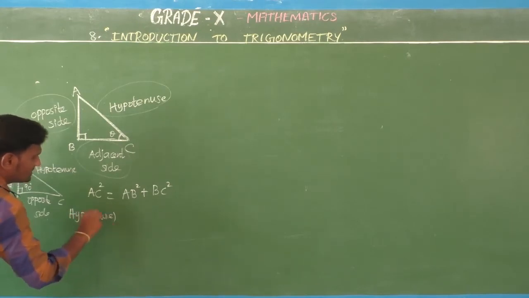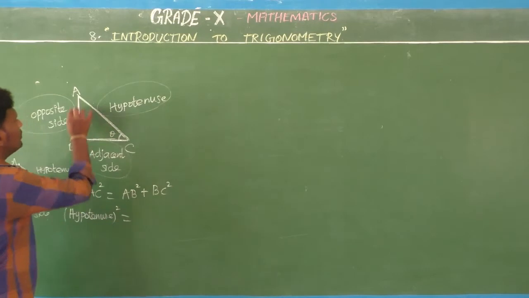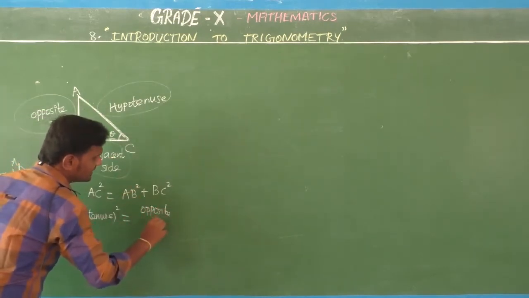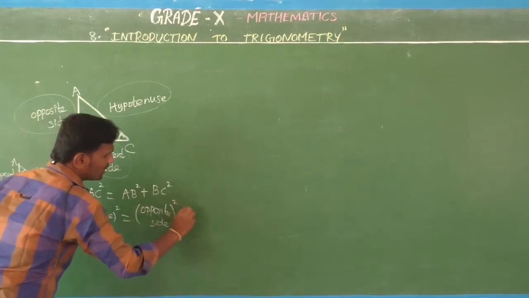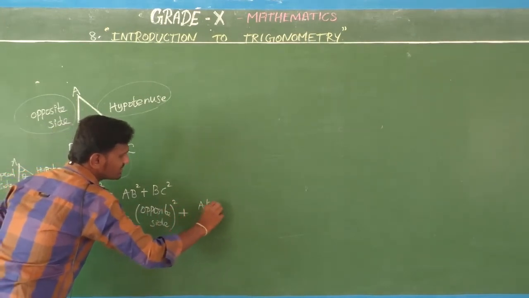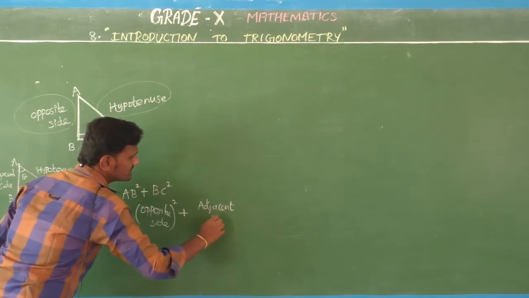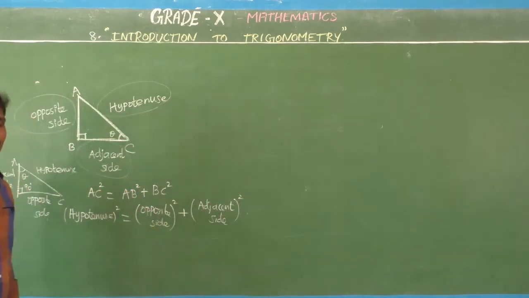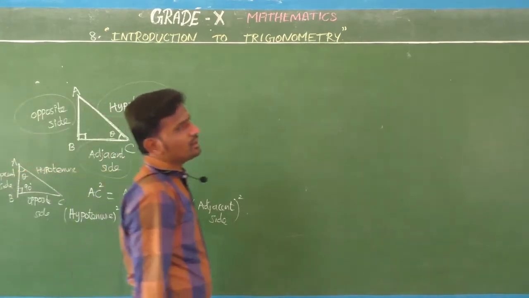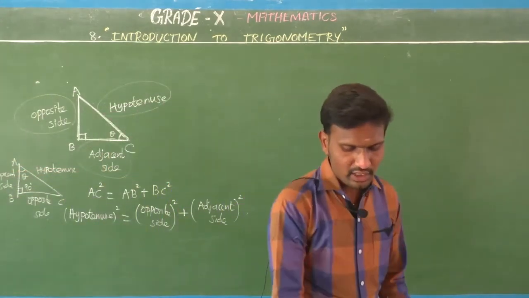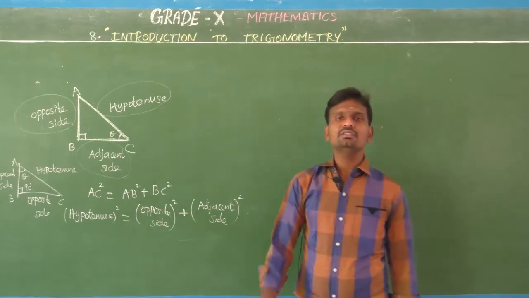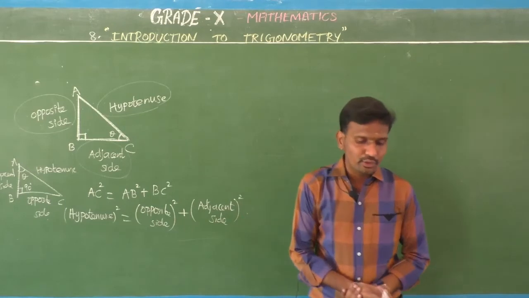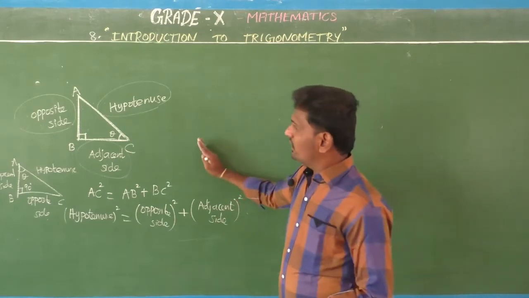So the hypotenuse the whole square equals AB, the opposite side, the whole square, plus BC, the adjacent side, the whole square. Yes, students, have you got it? Yes. Now coming to the trigonometric ratios. So totally how many ratios do we have? 6 ratios. So what are the 6 ratios I am going to give you now? Okay. Have you understood, students?